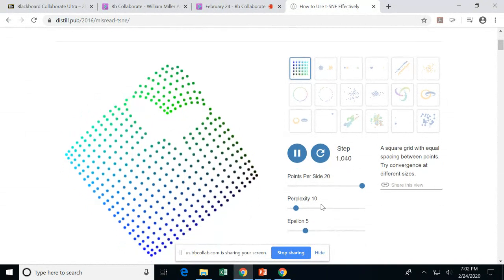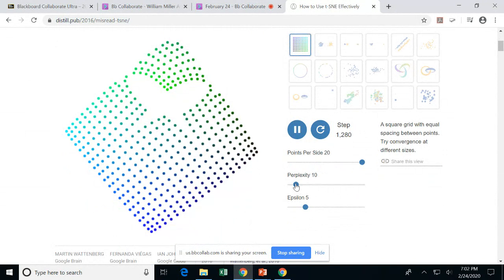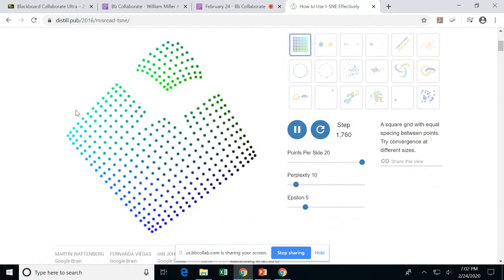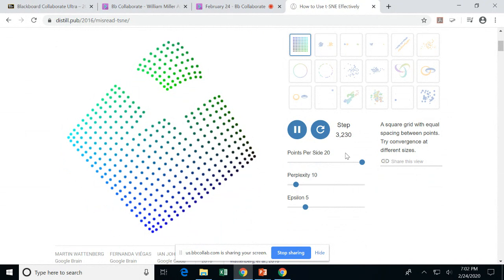The points per side is how many points I have on each side here. There are two parameters to consider. One is the number of steps, but after a while you see it sticks, though that's not always true. You may run it for more steps and at some point it diverges a little bit.